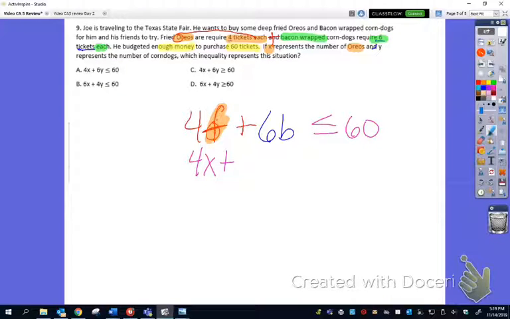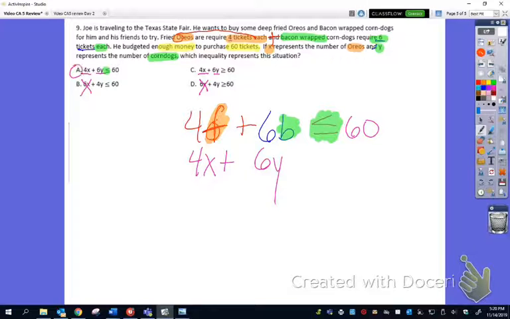And then the bacon is Y, the number of bacon corn dogs. Okay, there's a typo right there. So that is 6Y. So make sure it's 4X plus 6Y. So 4X plus 6Y, that's good. It's not 6X. 4X and 6Y, that's not right. And then you have to have this inequality, less than or equal to. So that would be A.